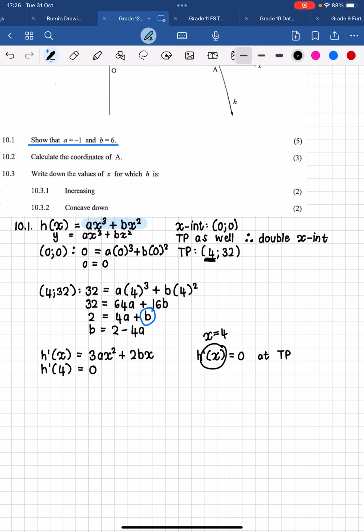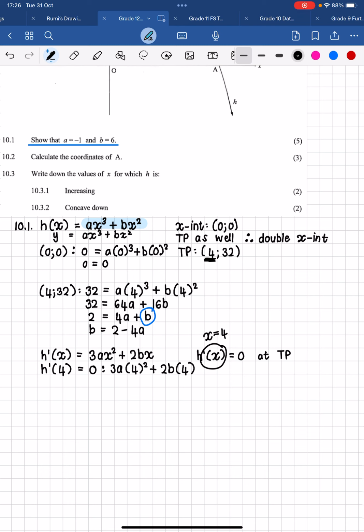All right, so h dash 4 equal to 0. Now, guys, I'm going to, in this, make x equal to 4, right? Because that's what this is saying. In the derivative, x is being replaced by 4. So we're going to have 3a times 4 squared plus 2b times 4.